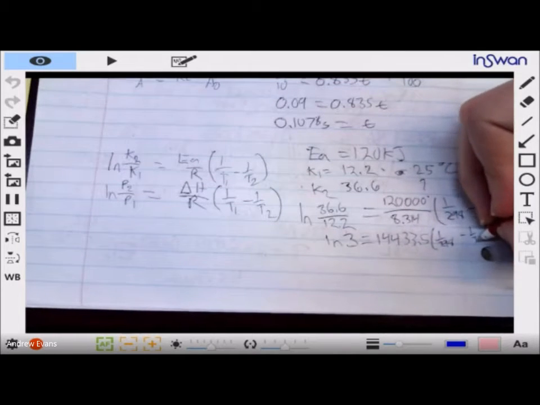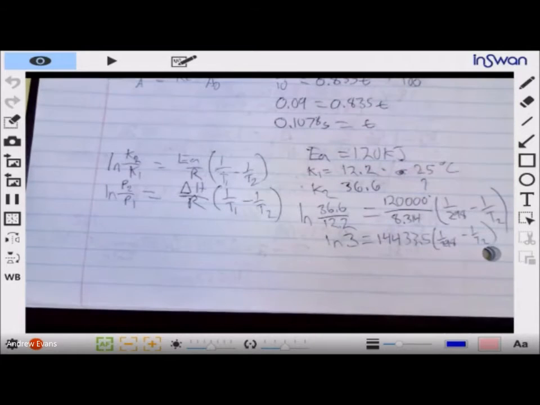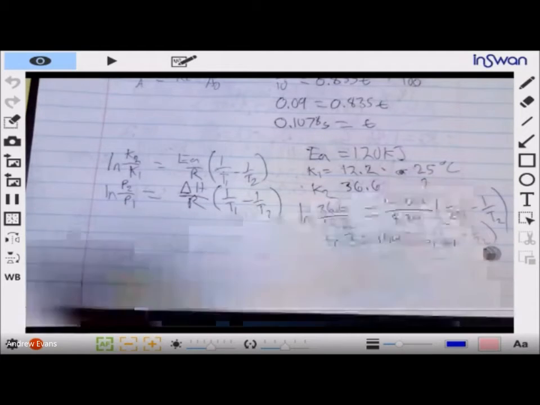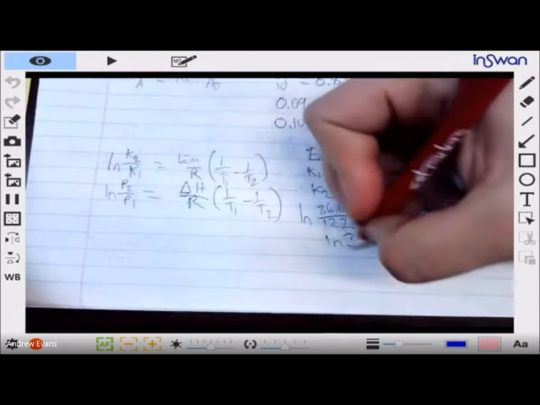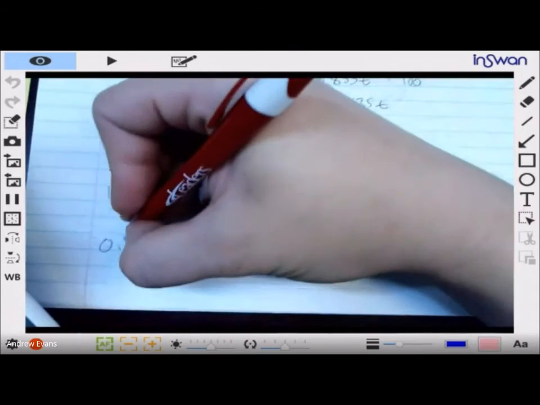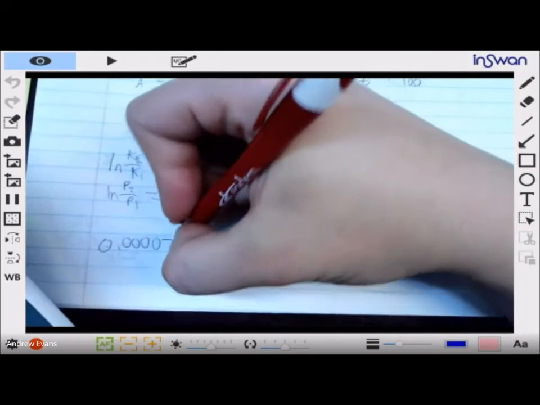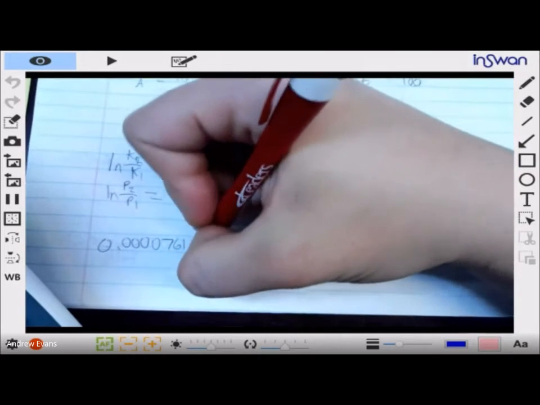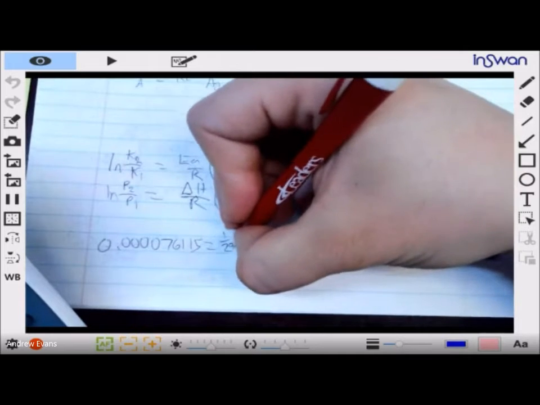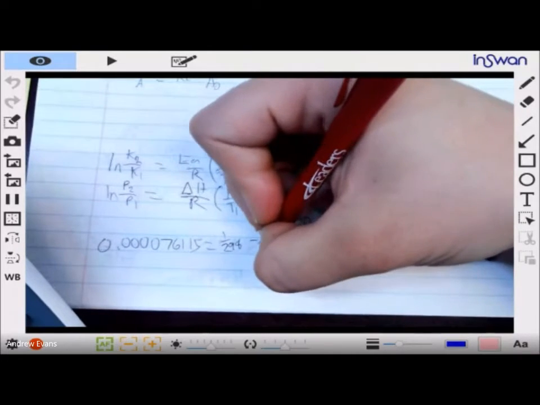So I'm starting by evaluating some of this. ln 3, I can find that number. Then I'm going to divide both sides by 14433.5 and get a really small number: 0.00004076115 equals 1 over 298 minus 1 over T2.